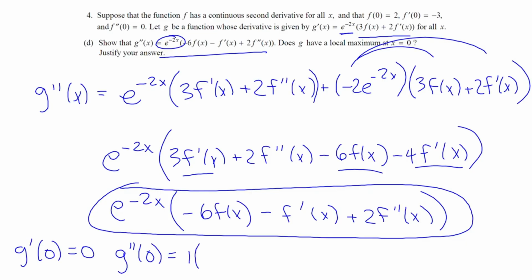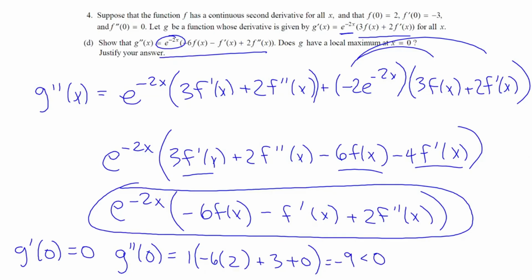And then it's -6 times f of 0, so -6 times 2. And then minus f prime of 0, so minus -3 or plus 3. And then plus 2 times f double prime of 0, which is just 0. So g double prime of 0 is -12 plus 3, which is -9, which is less than 0.